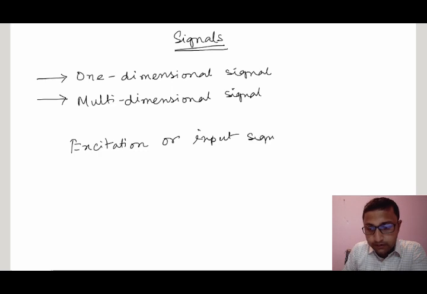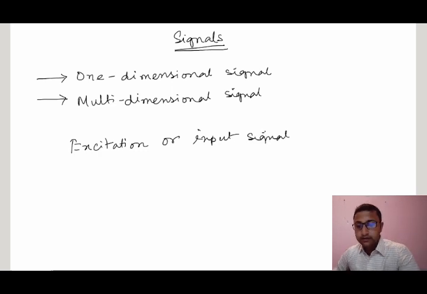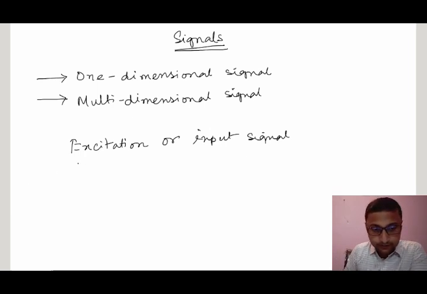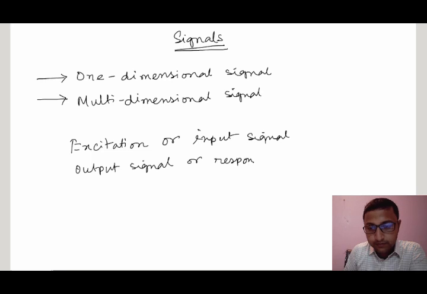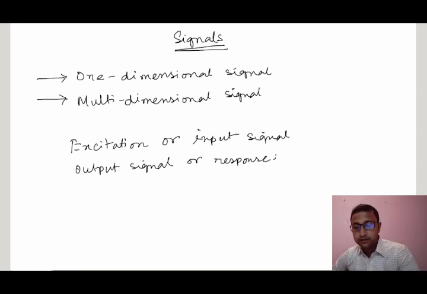If the system responds to one or more input quantities, then it is said excitation or input signal. And to produce one or more output quantities, it is called output signal or response. Okay, this is just the theory part, nothing else.